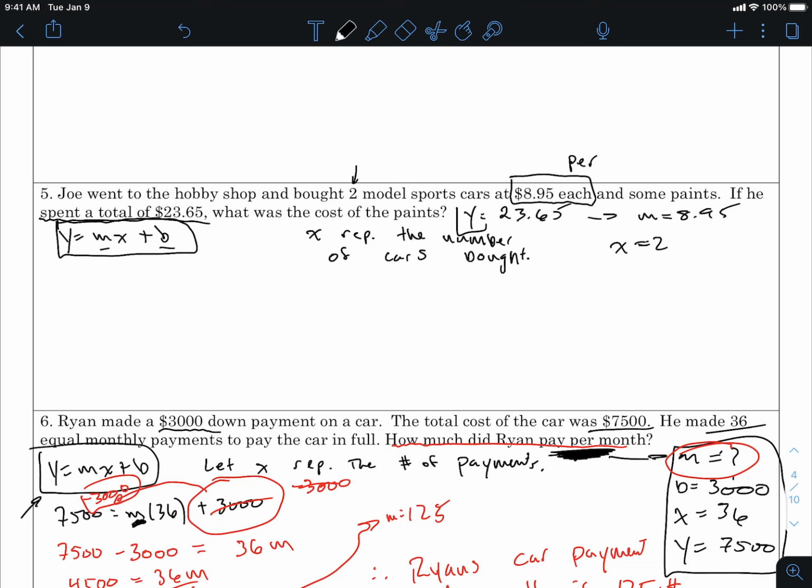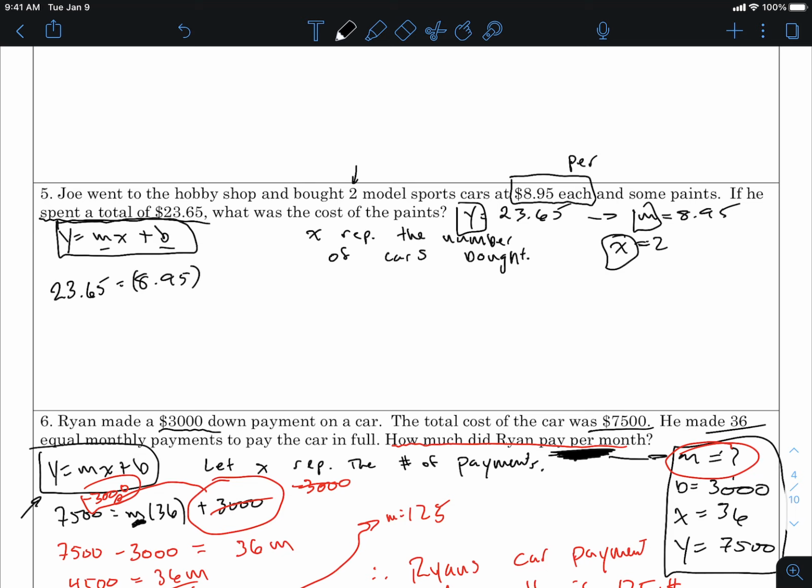So then you just take each of these numbers, right, and you plug them in to the equation, right? So 2365 is equal to, M is going to be 895. How many cars did he buy? He bought 2 of them.